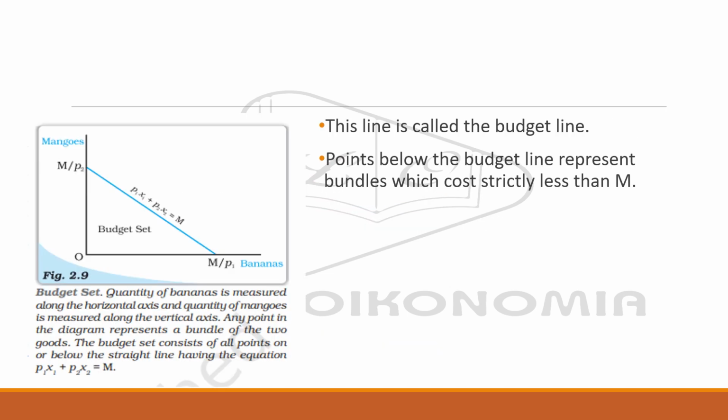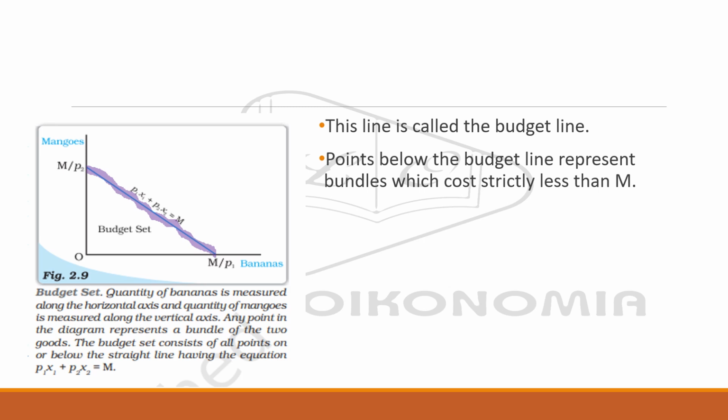Now that is why we call this line the budget line. This line actually represents those bundles, the combination of those bundles, the prices of which would be exactly equal to M.